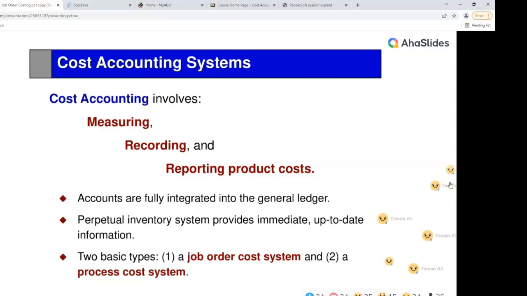Cash, accounts receivable, prepaid insurance, all of that is your general ledger accounts, asset accounts, liabilities, revenue, expense. A cost accounting system only requires the introduction of a couple of accounts in your general ledger. So don't think of this as a completely separate set of accounting records. It isn't. It's integrated as part of your general ledger. We only add a few more accounts.